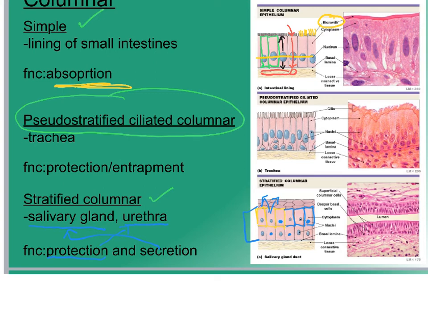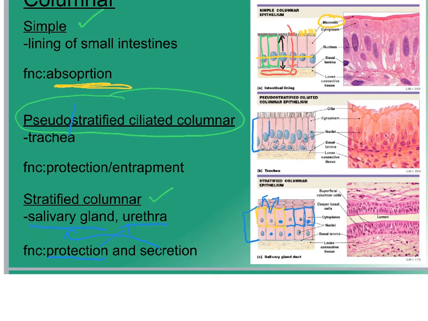So let's move up to the middle of the slide, and let's look at this tissue called pseudostratified ciliated columnar epithelial tissue. It's a mouthful, I know. Pseudostratified. Remember, pseudo means false. And so if we look at this tissue, it appears as though there's more than one layer of cells.